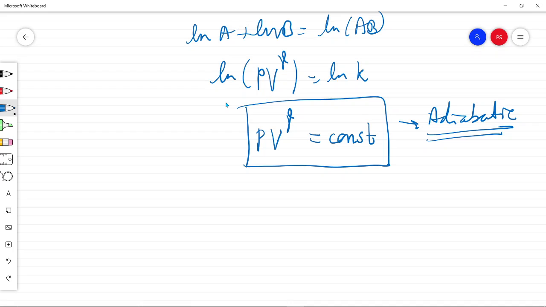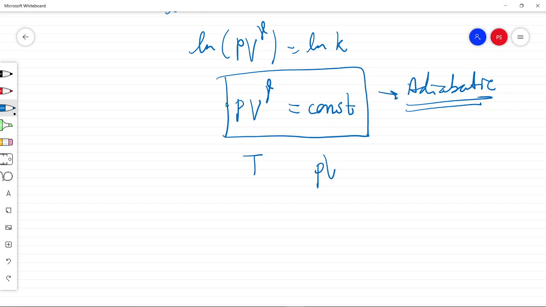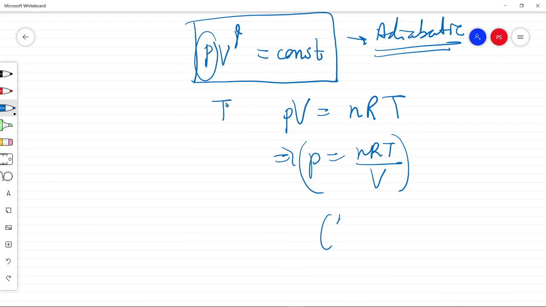So this is a relation which involves P and V. If we eliminate one of these variables, we can introduce the other variable T. Let us try to do that. Since the gas is assumed to be ideal for this case, we have PV is equal to nRT. So P is just nRT by V. Use this instead of P here to get nRT by V into V raised to gamma is equal to constant.